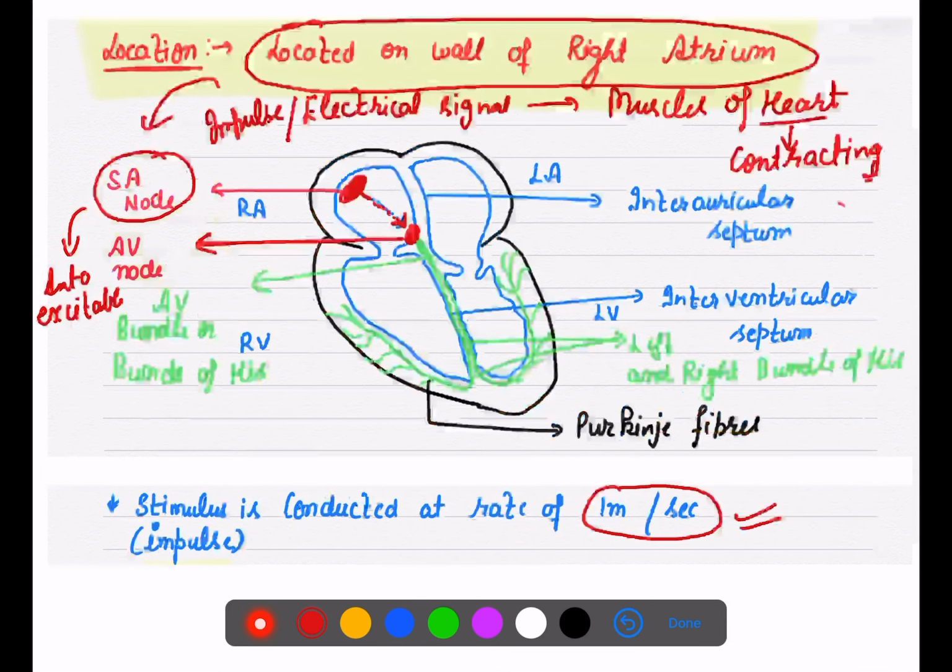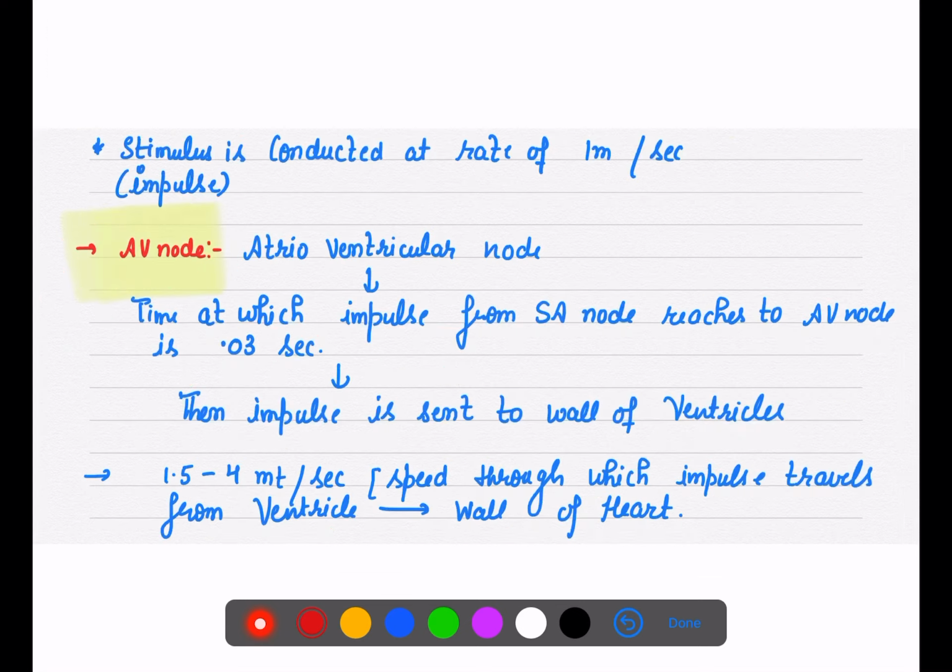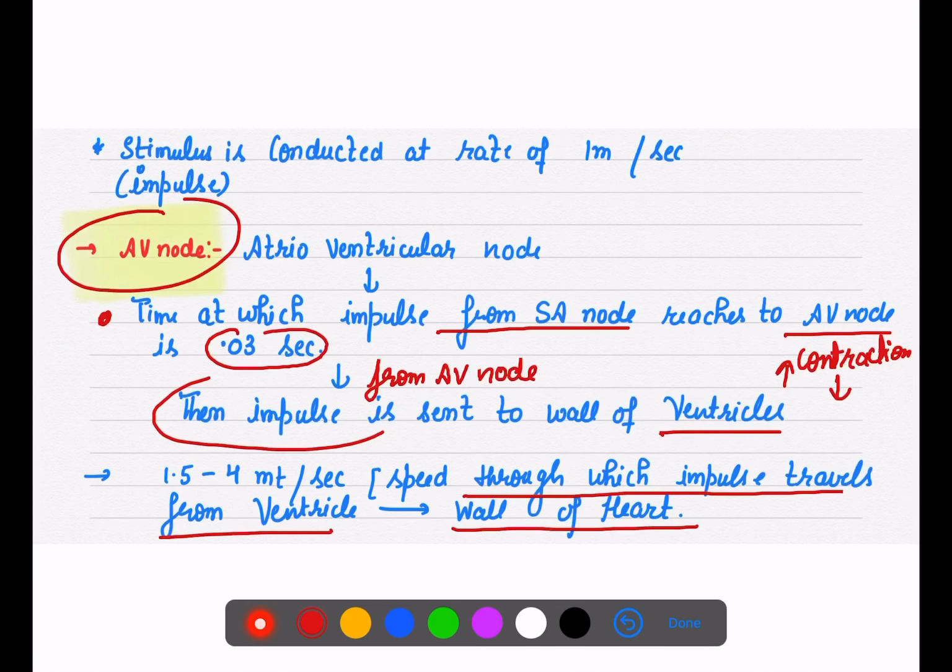So here I talked about three speeds. First, the impulse is generated by the SA node and conducted at the rate of 1 meter per second. Then from the SA node it reaches the AV node in 0.03 seconds.